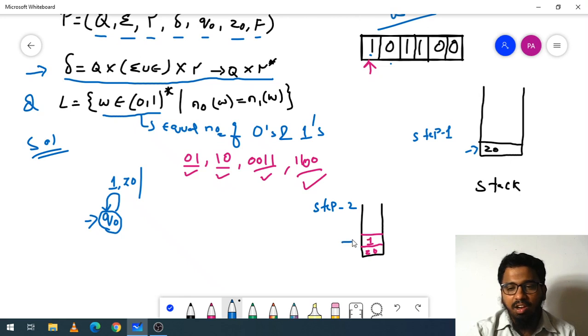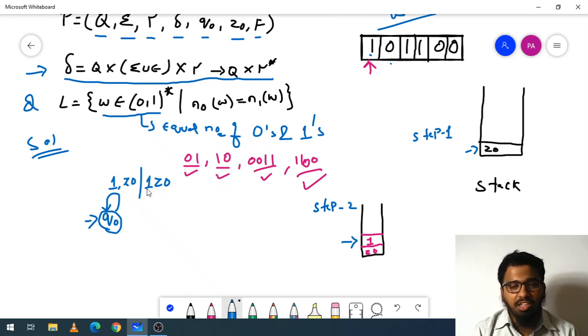And what is the header? The header is now 1. So simply we need to write here 1 comma Z0 gives 1 Z0. Whatever is available in the stack, the first one goes at the top and the next goes below, and we add it as it is.